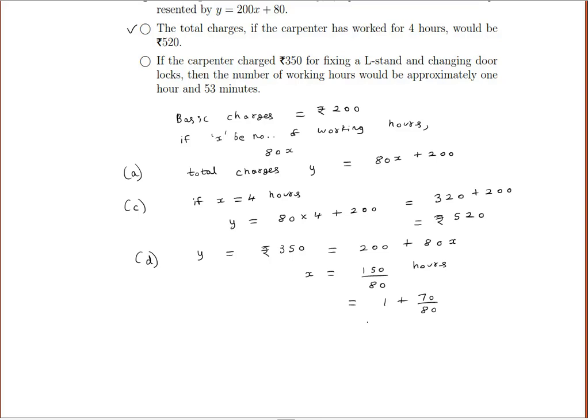So this can be written as 1 hour plus 70 by 80 hours, which we convert to minutes by multiplying by 60, because 1 hour is 60 minutes. So we can see this is 1 hour and 52.5 minutes, which is approximately 53 minutes. So option D is also correct.